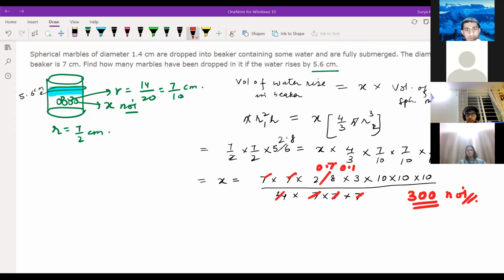I am checking where. Actually 150 is the final answer shown in the answer, so your answer is correct. But here we are missing a 2. Divided by 2 must be missing out. Radius, what have you taken? Yes, this 2 is missed out, right? So x is equal to 3, and here 7 into 2 we have not mentioned. So 2 divided, it is 150 numbers.